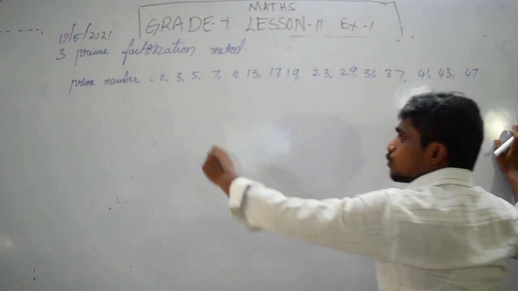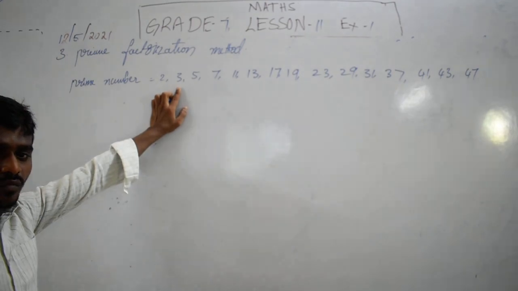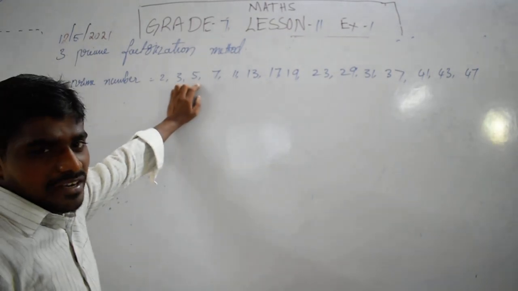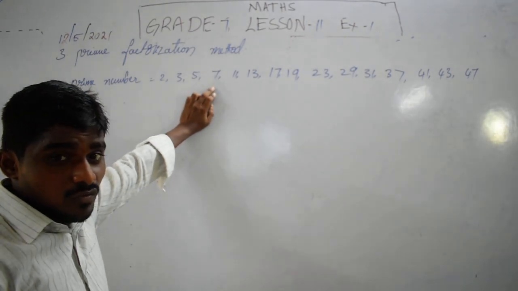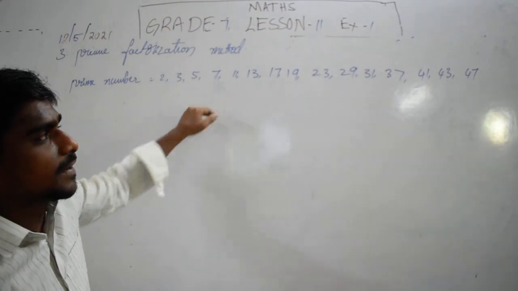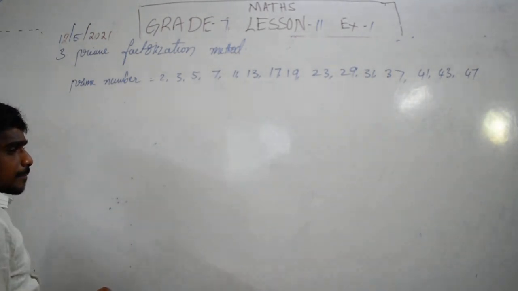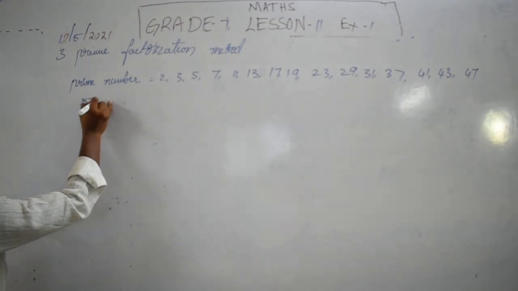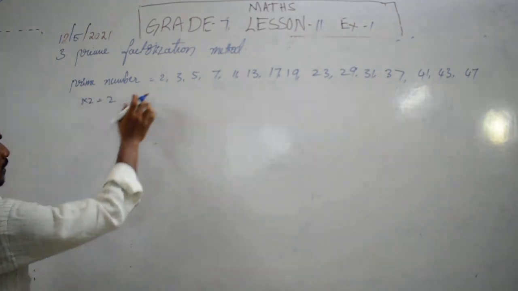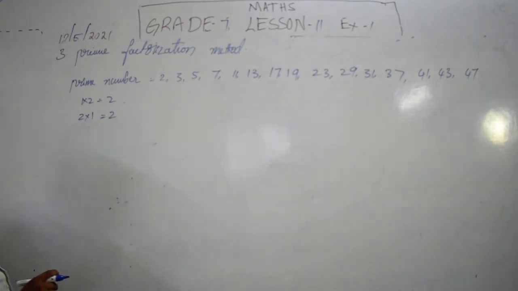Here see, 2 factors, 1 and 2. 3 factors, 1 and 3. 5 factors, 1 and 5. 7 factors, 1 and 7. So 2, how many tables are coming? In the 2 table, 1 2 is 2, only 1 table, 2 table only coming.